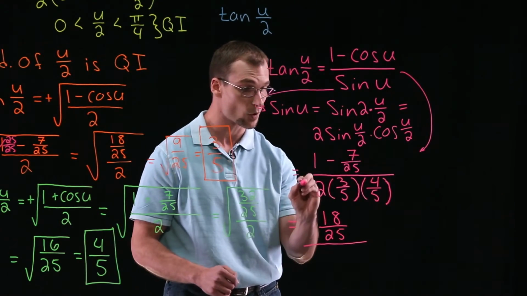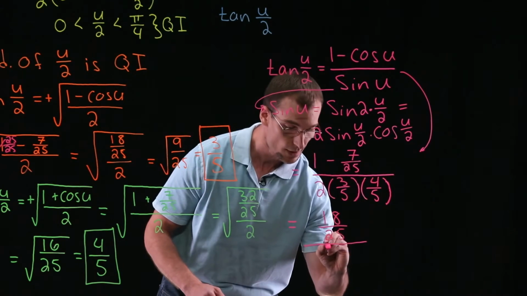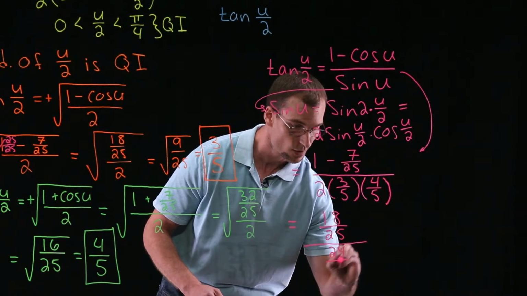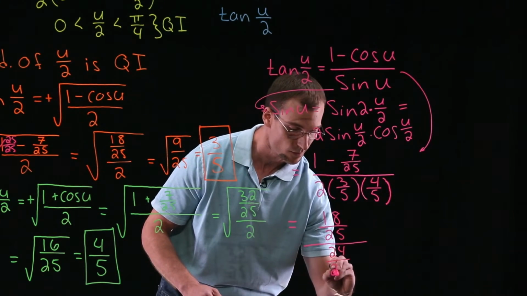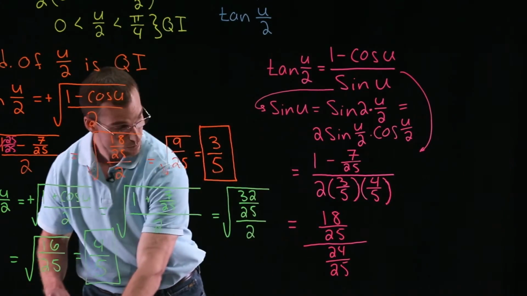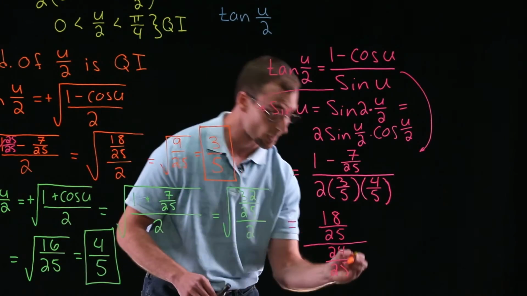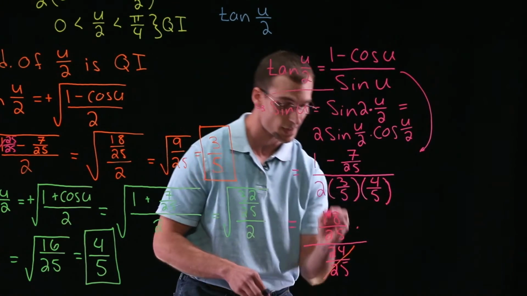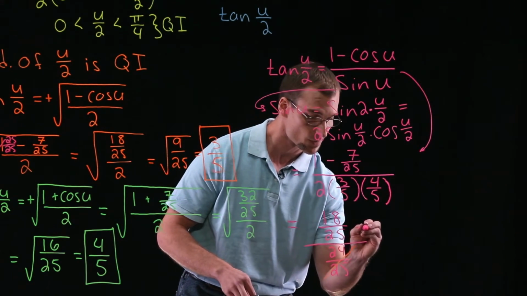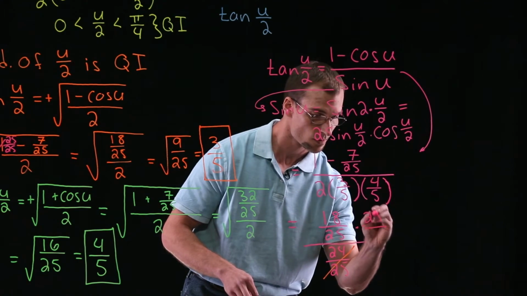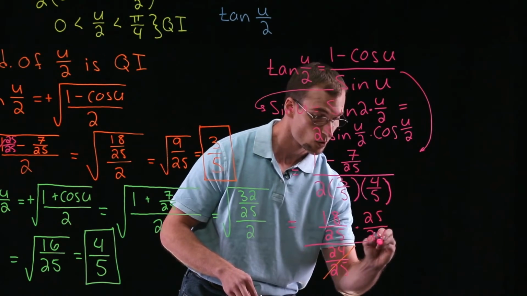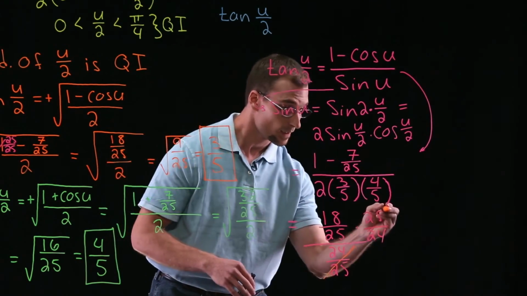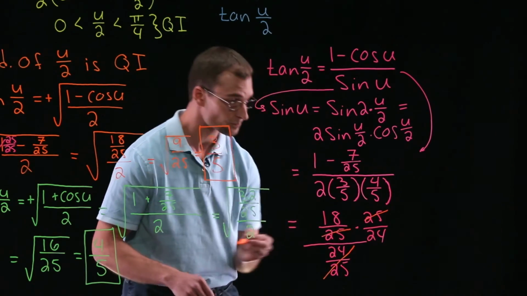Simplifying the bottom, multiplying 2 times 3 times 4 gives us 24 over 5 times 5, 25. So we have a fraction divided by a fraction. We're just going to invert and multiply. So take 18/25 times 25 over 24, and our 25s cancel.